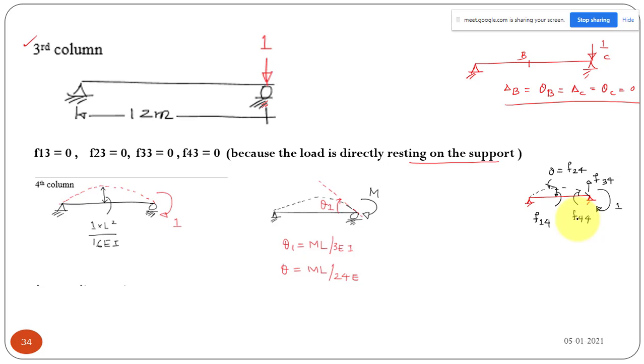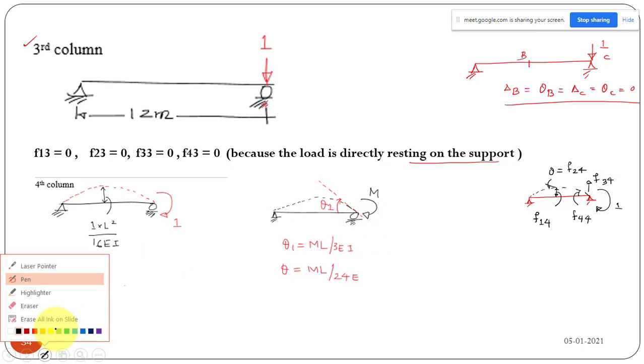For this case also we have a simply supported beam, and we are applying a concentrated moment at the right support. You can easily solve it by using the conjugate beam method.